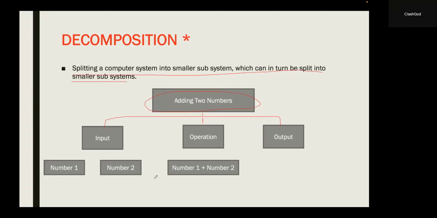If we take away input, then this program will not work. Only with these 3 subsystems will this program work. And this input can again be split into smaller subsystems. Operation can be split again into subsystems. So what we can say is that actually a computer system is made up of smaller subsystems. Okay? So that is decomposition.